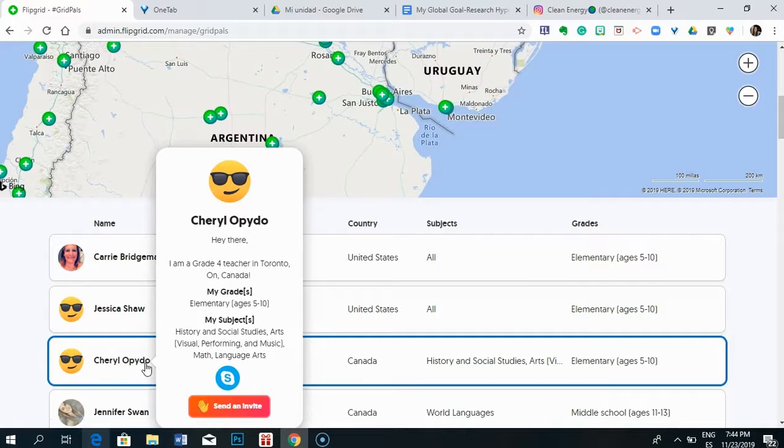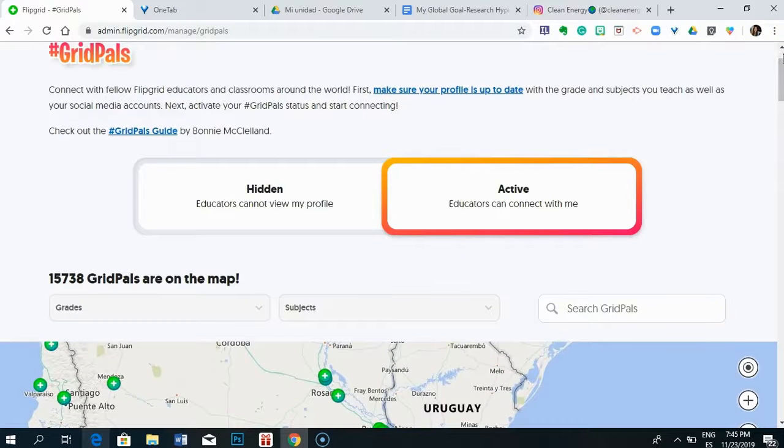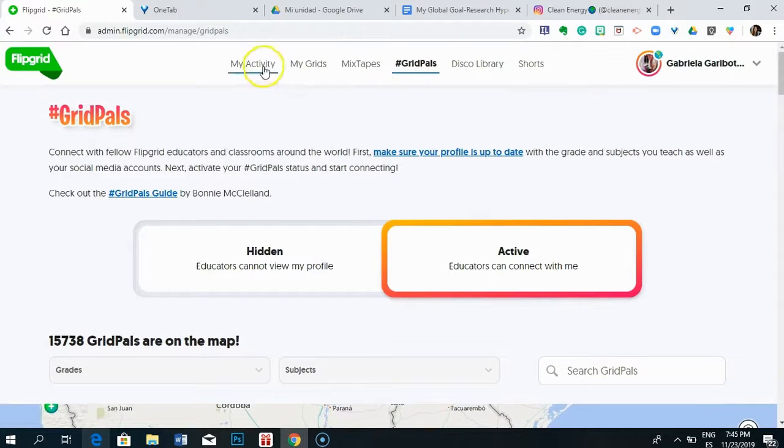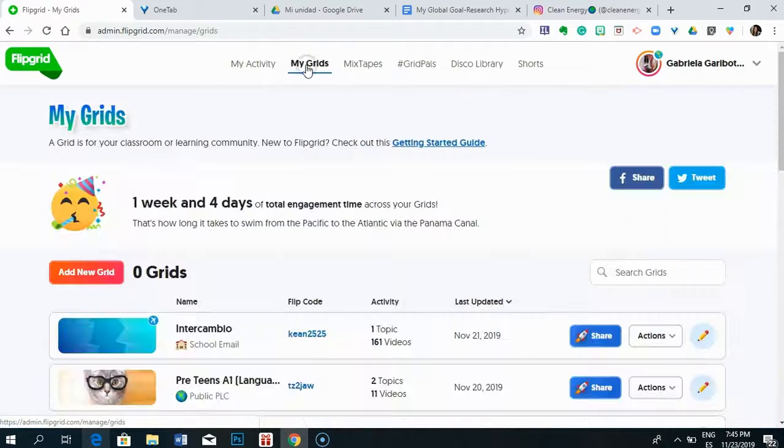The only thing you have to do is click on send an invitation, and the teacher will receive an email from you. If the teacher accepts, he or she will immediately contact you by email, and you will start working on the project.